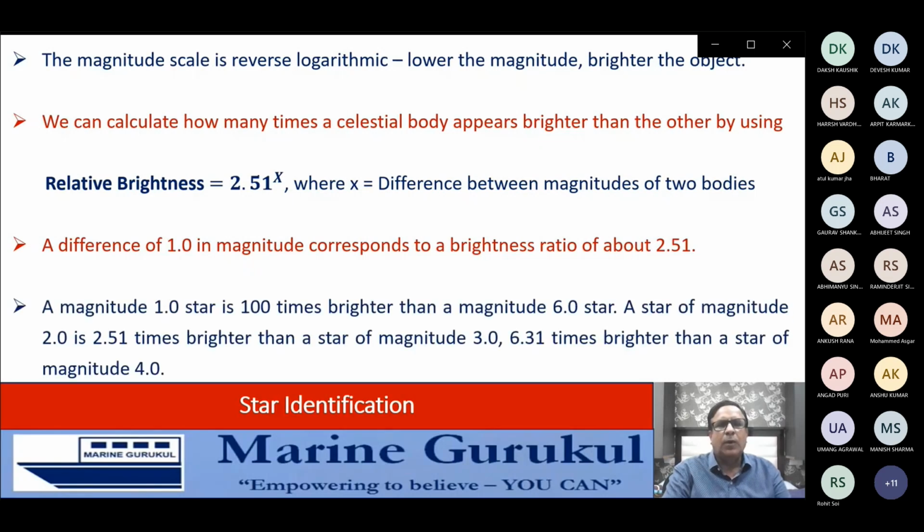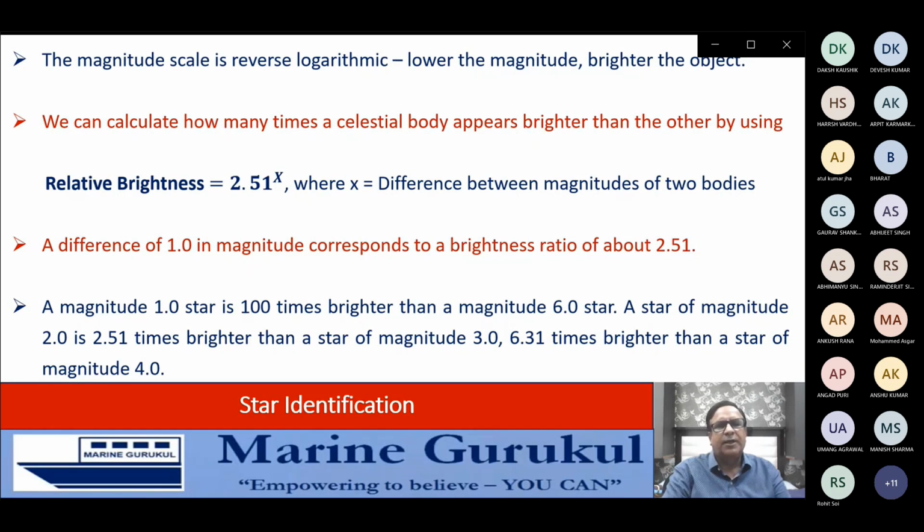A magnitude 1 star is 100 times brighter than a magnitude 6 star. Why? If you put the difference of 6 and 1, that is 5, in the formula, 2.51 raised to power 5 will be almost 100.